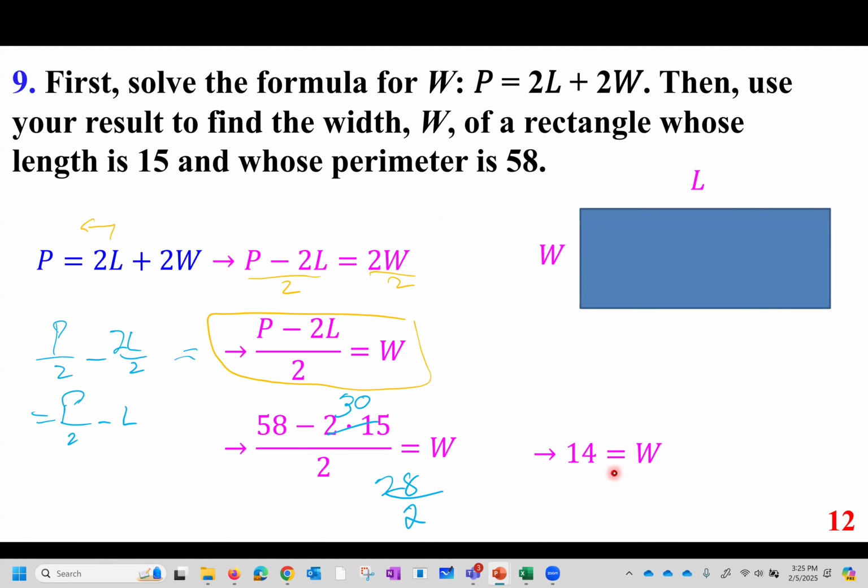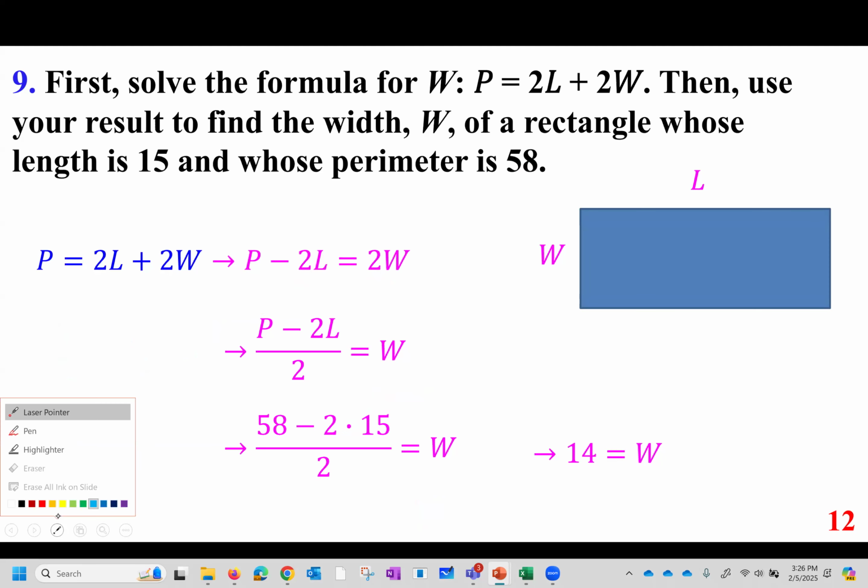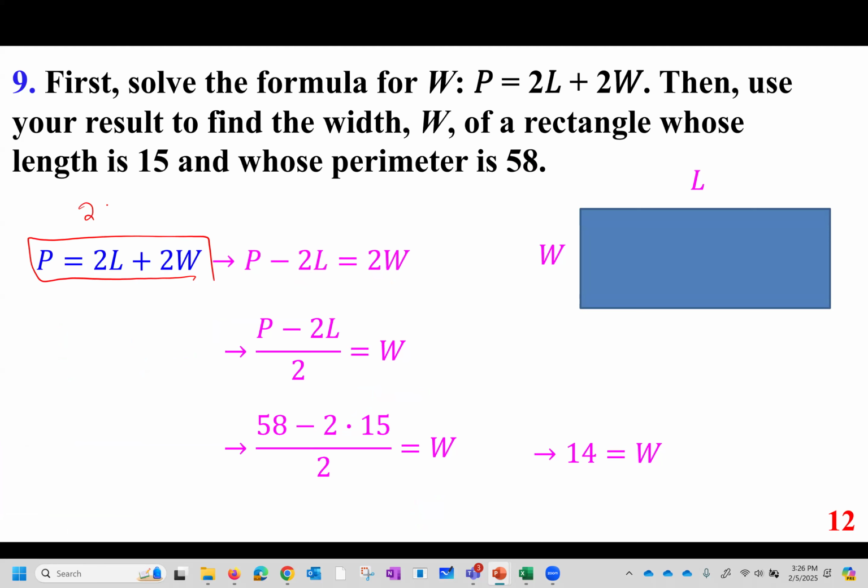And as always, you really should check your work. An easy way to check it out: 14 plus 15, the length, is 29 times 2 must be 58, and it is, because as far as this formula class, you can also say 2 times L plus W, right?